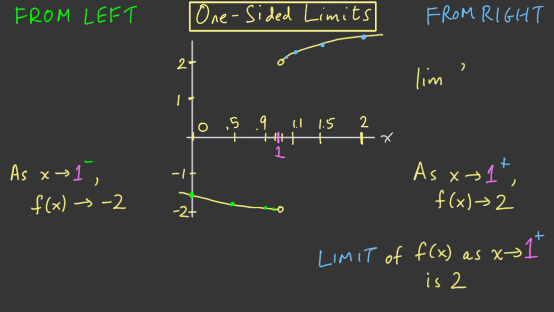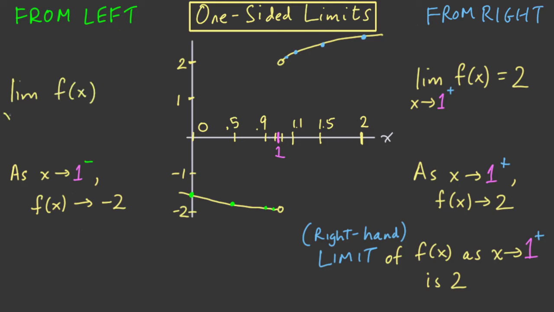Limit of f of x as x approaches 1 from the right is 2. This is often called the right-sided limit, or the right-hand limit, at the point x equals 1. And we have a similar thing on the left. We can write the limit of f of x as x approaches 1 from the left equals -2.